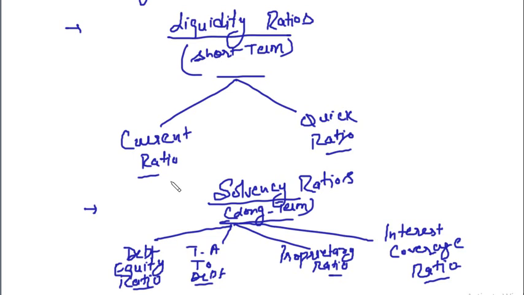Then you have to understand what is the relationship between those financial factors that you have identified. If you are able to do these two things, then you are through with the ratio analysis. Clear?